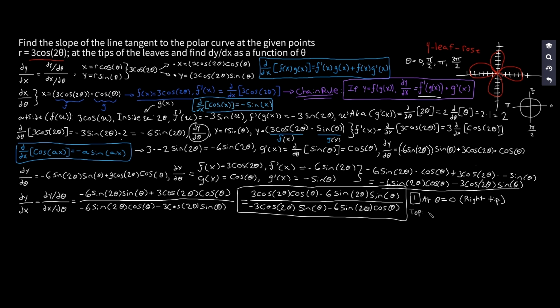So we've got 3 cosine of 0 times cosine of 0 minus 6 sine of 0 times sine of 0.